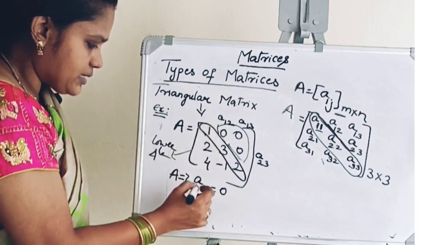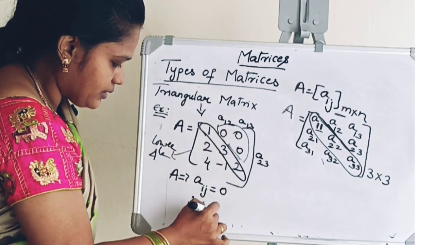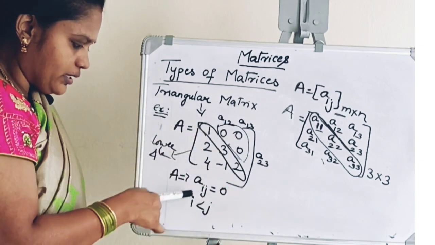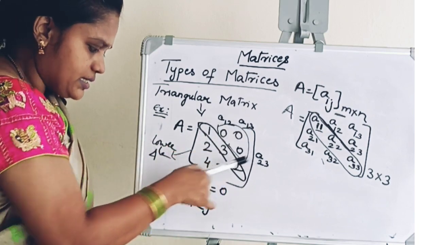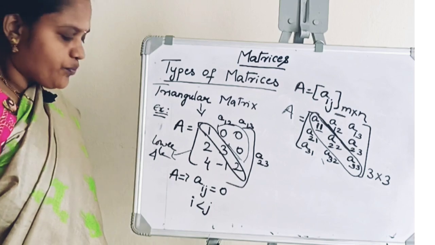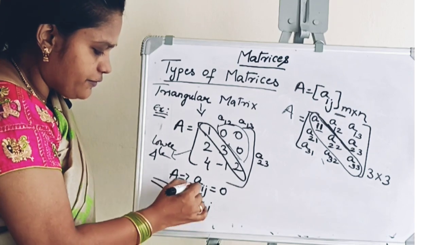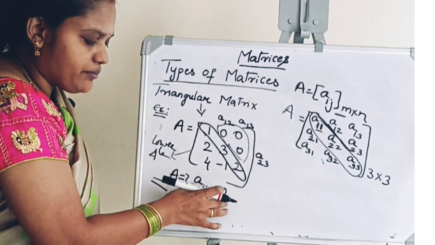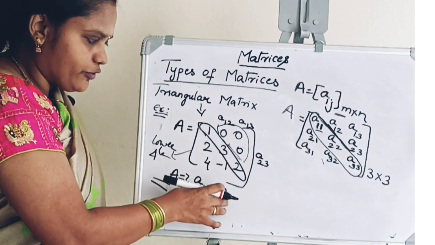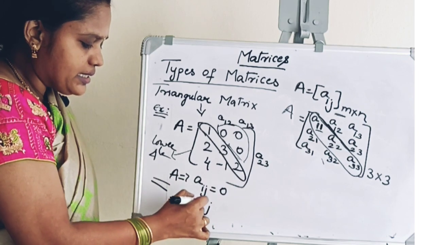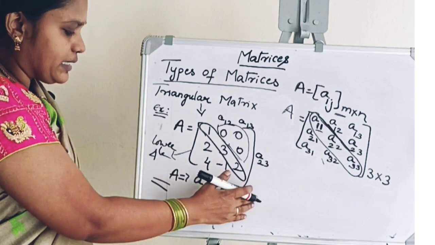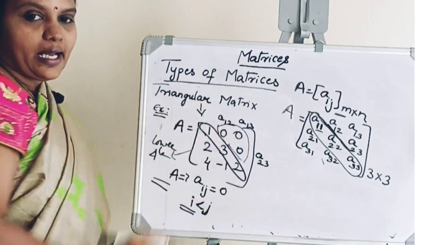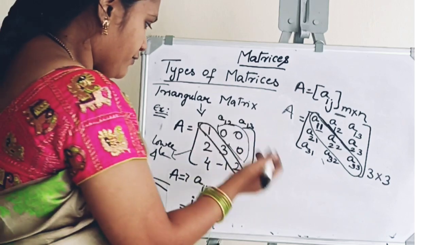Here i is always less than j. For a matrix, if Aij, that is the element, is equal to 0 for all i less than j, then such type of matrix we call a lower triangular matrix.